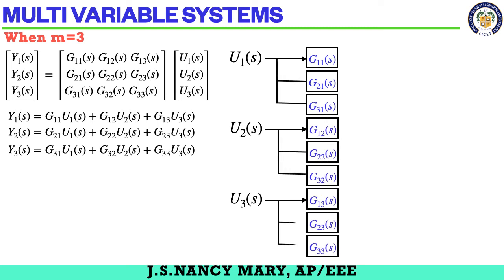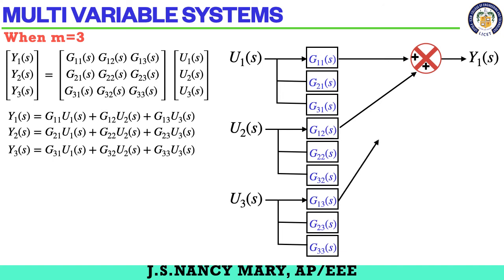So from u1 it goes to all the G11, G21 and G31. Again, I could write this for u2 also as G12, G22, G32, and u3 also as G13, G23, G33. So now I have written everything. Now from Y1 you could see that it is G11 into U1, G12 into U2, G13 into U3.